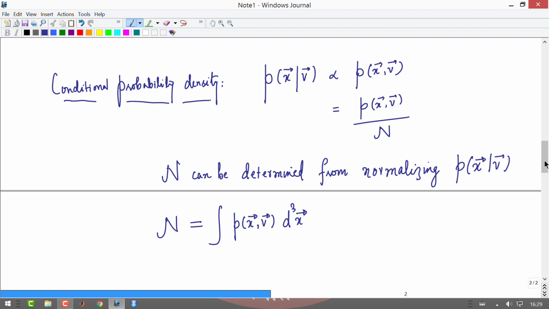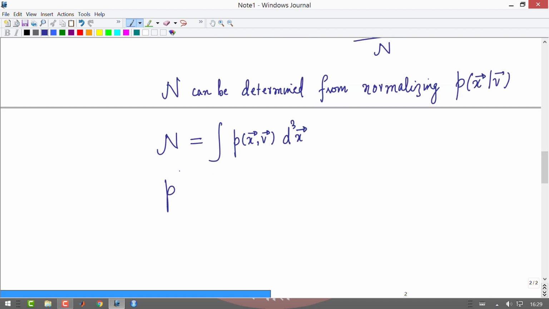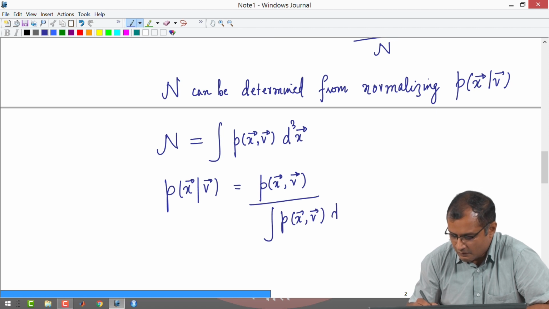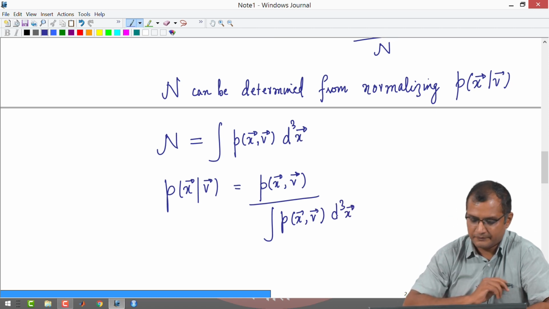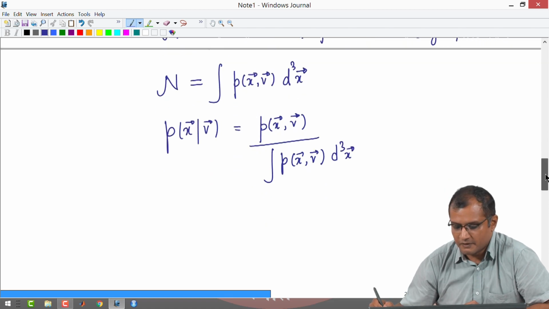And hence I can write down the conditional probability density of finding a particle at location x such that its velocity is fixed to v. This is given as the joint probability density divided by the norm, which we have just computed as the joint probability density integrated over all space. Okay, so that's the beautiful result.